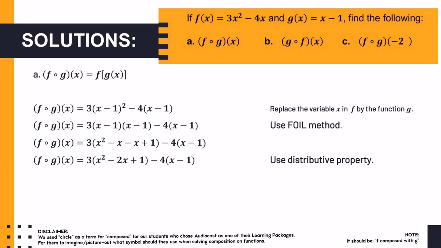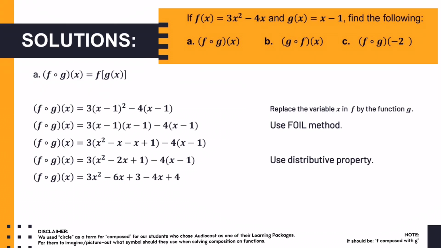Next, use the distributive property. Distribute 3 to x squared minus 2x plus 1. That will be 3 multiplied by x squared, that is 3x squared. 3 multiplied by negative 2x, that is negative 6x. Then 3 multiplied by positive 1, that is positive 3. Next, distribute negative 4 to x minus 1. Negative 4 multiplied by x, that is negative 4x.